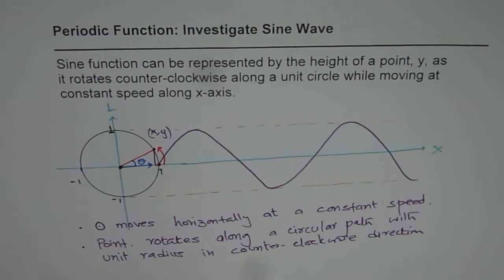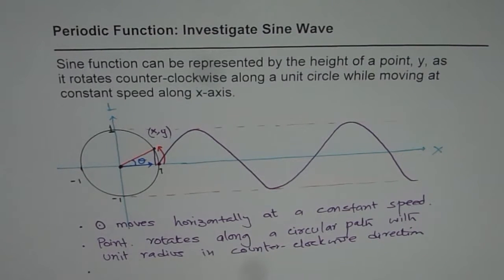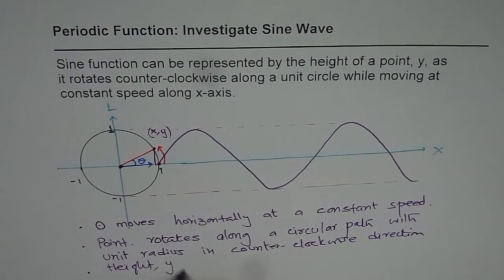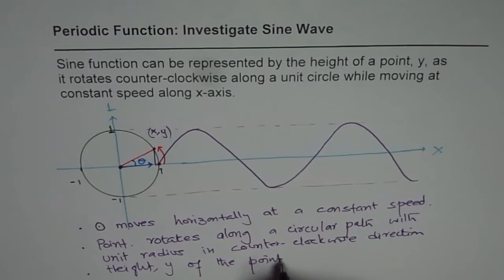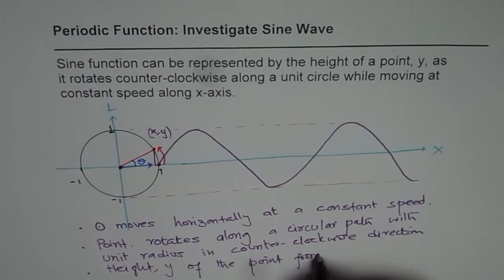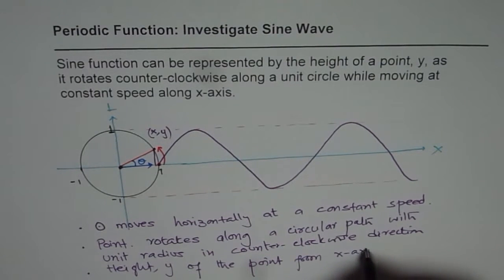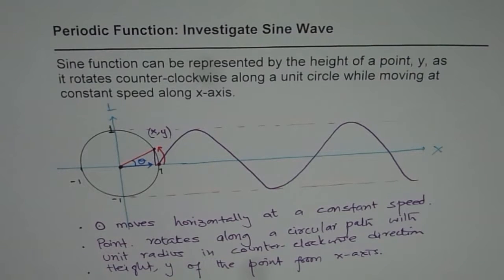So these two things are happening simultaneously, and what we are observing is the height, or you can say the y value of the point from the x-axis. That is what we are observing, and this is what results in a sine wave.